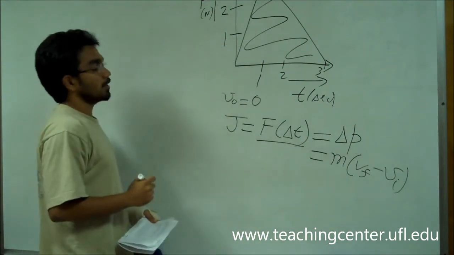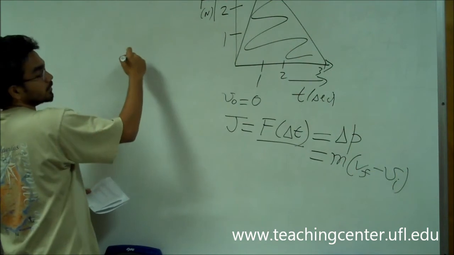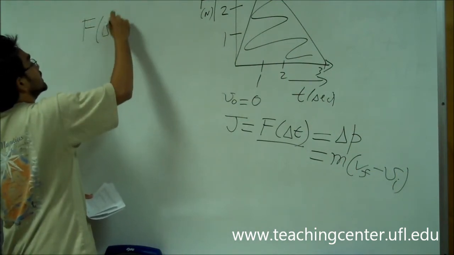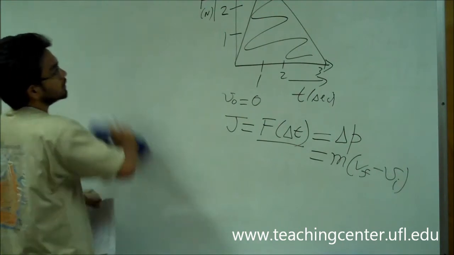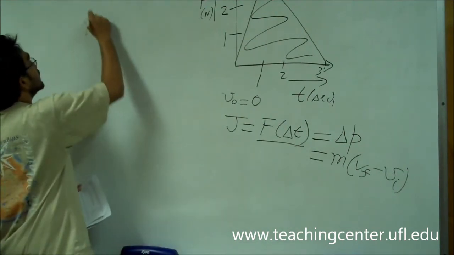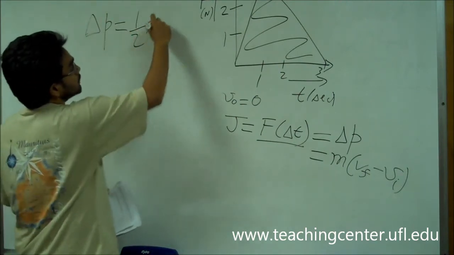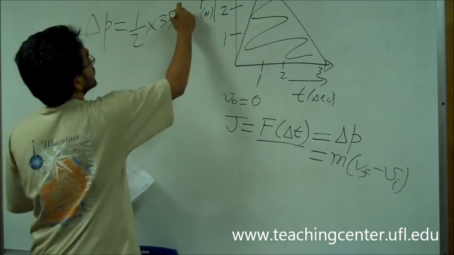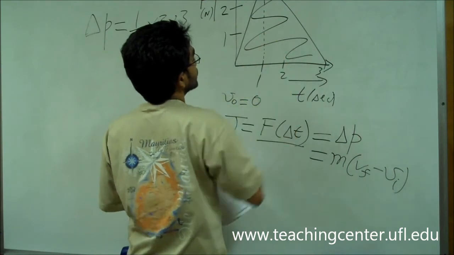Okay. Now, having said that, the area under this graph would be F times delta T. Delta P is the area under the graph, which is half times the base of the triangle, which is 3, times the altitude, which is also 3. This being the altitude.